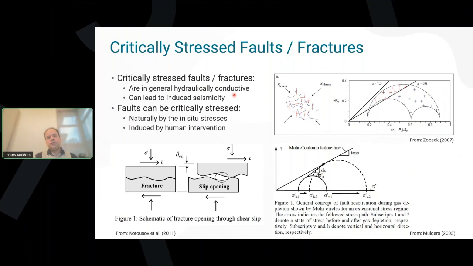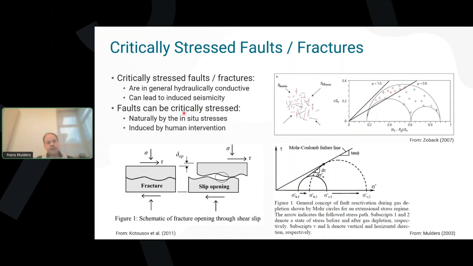But also if a fracture or fault moves, that can lead to induced seismicity. Now, induced seismicity doesn't necessarily need to be a problem if it's sufficiently small, and it depends on the area in which you are. But in a European or Dutch context, infrastructure is not constructed for induced seismicity which becomes too large. So you might want to avoid that.